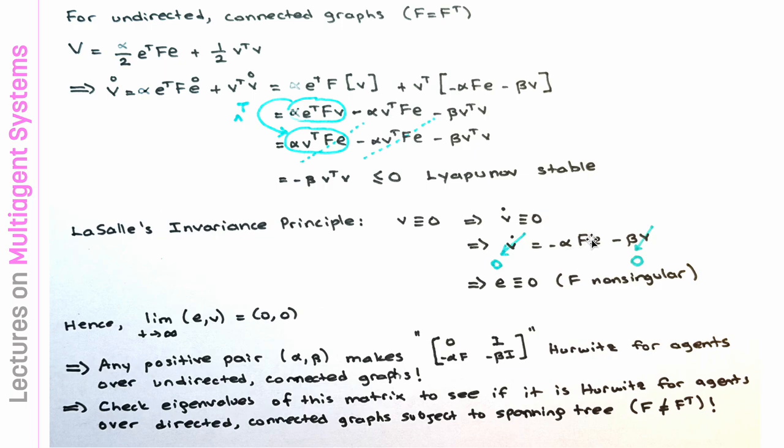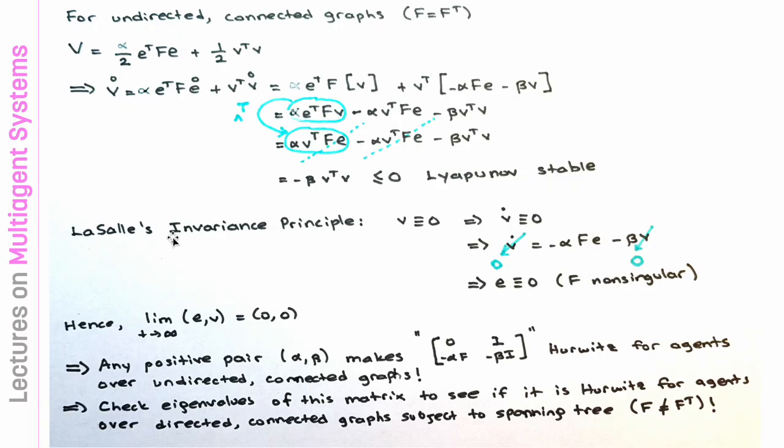Now, if alpha Fe is 0, then F multiplied by E is 0. And since F is non-singular, you can multiply both sides by F inverse. So Fe equals 0, both sides multiplied by F inverse, E equals 0, since F is non-singular.